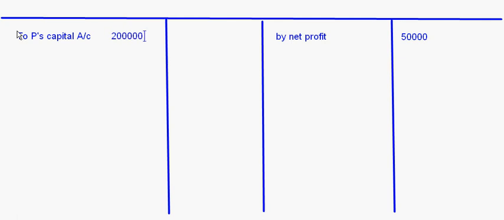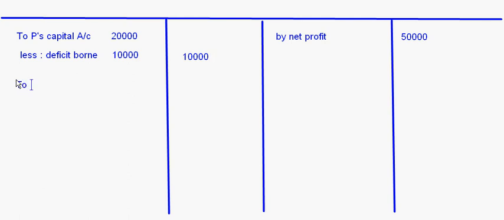So this was 20,000. Okay, now P is to bear the whole deficit, so here it will be less deficit borne. Now the whole of 10,000 will be given by this partner only and his profit will become 10,000.